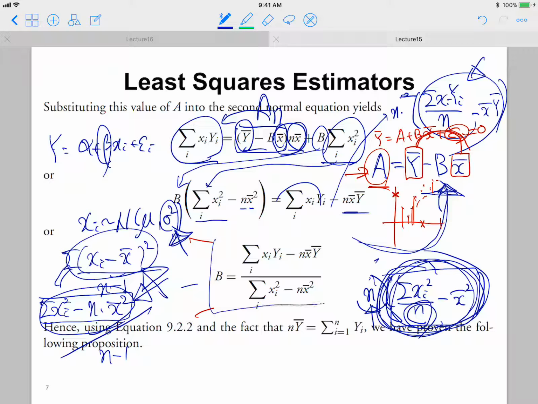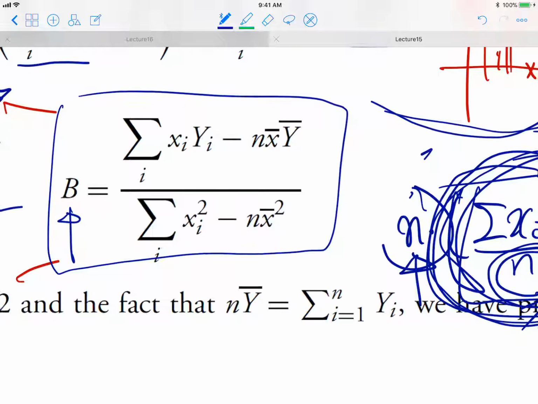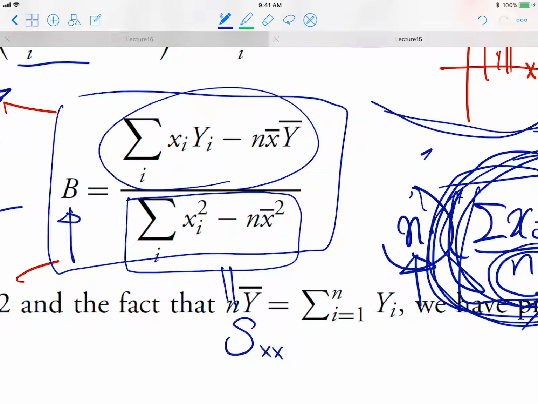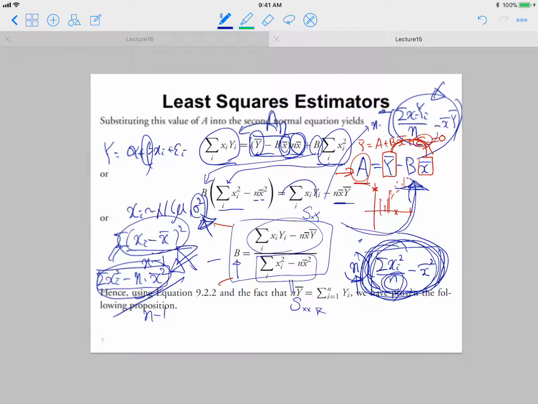Yep, so this was our final formula that we obtained as an estimator for B. Okay, and then this part is exactly the same as SXX, and then this part will be SXY, which are our sample variance of X and sample covariance.